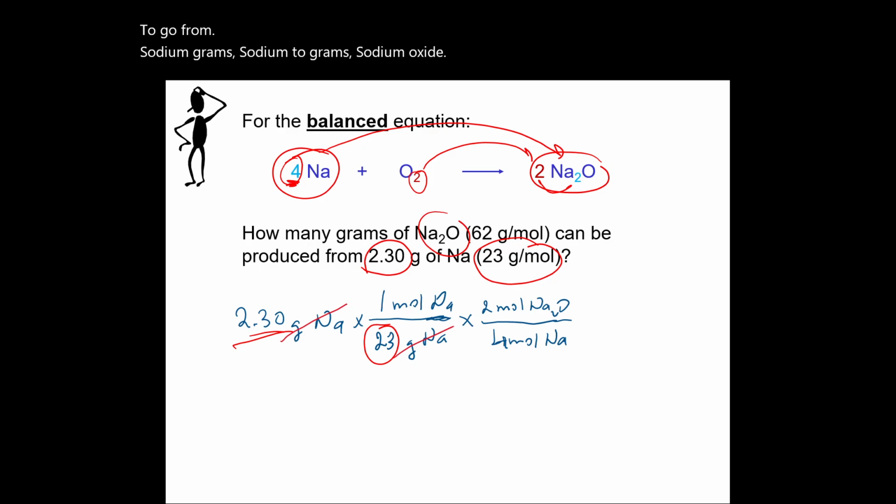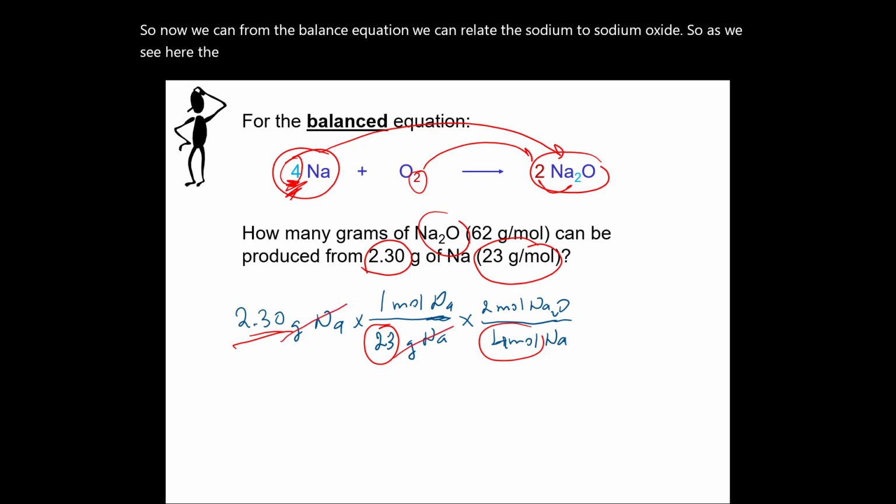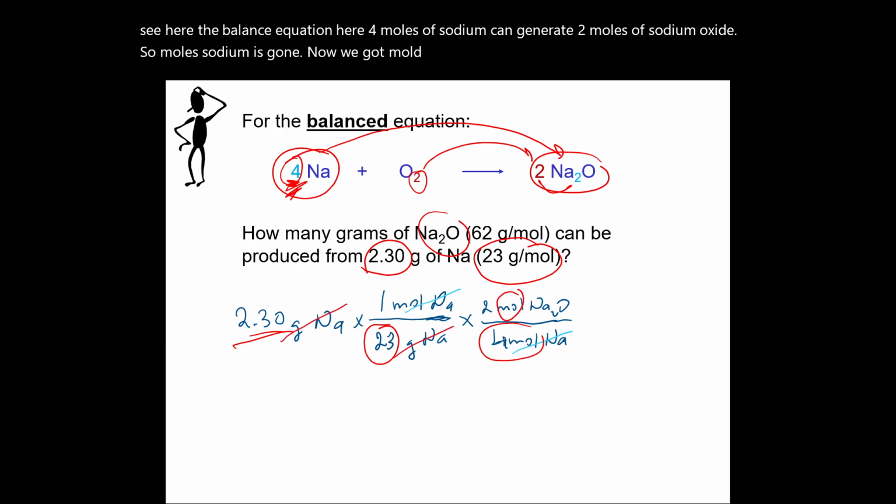So from the balanced equation, we can relate the sodium to sodium oxide. As we see here, 4 moles of sodium can generate 2 moles of sodium oxide. So moles of sodium is gone. Now we've got moles of sodium oxide left.